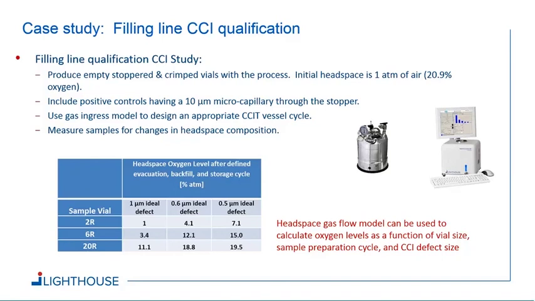So you can see that even for submicron defects, we should detect submicron defects with the chosen cycle. So the headspace gas flow model can be used to calculate the oxygen levels as a function of vial size, sample preparation cycle, and CCI defect size.